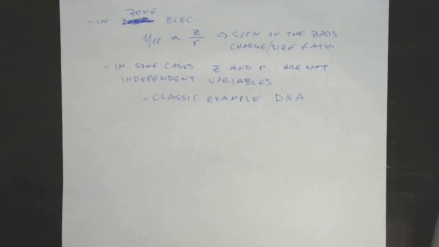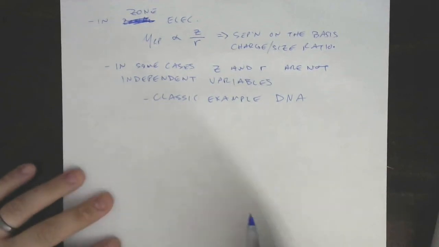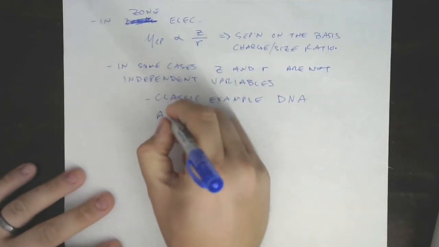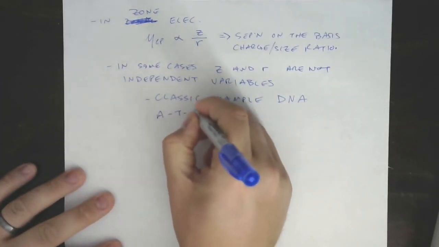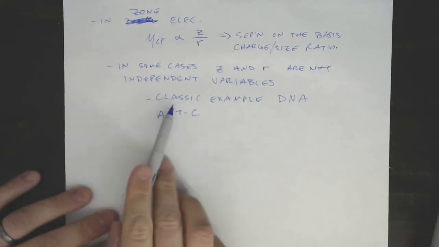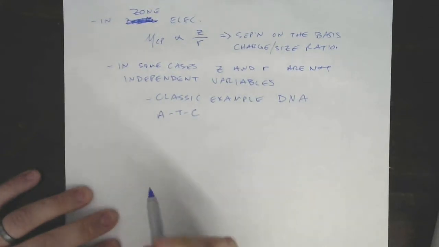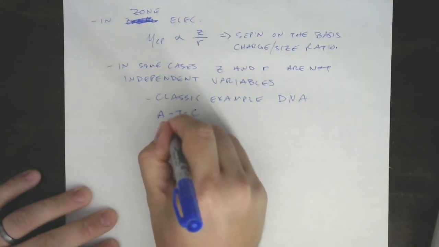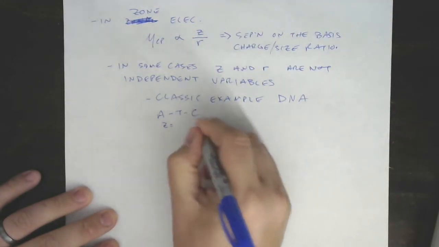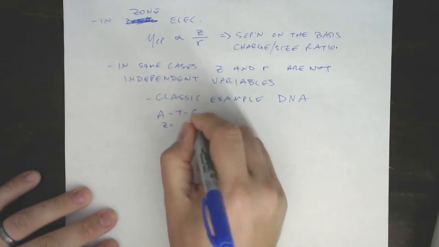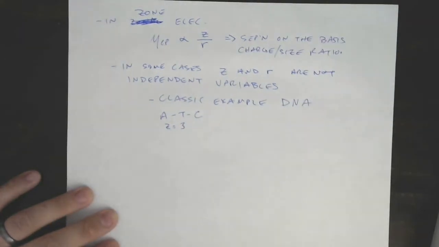We give them letter abbreviations, A, T, C, and G. So let's imagine a very short DNA chain that is just an A, a T, and a C. Each of these carries with it a phosphate on the DNA backbone, and that phosphate has a single negative charge. And so that means that the Z for this thing is, well, it's -3, but we'll just give it absolute value 3. The Z of this thing is 3 at normal pH in an aqueous environment.